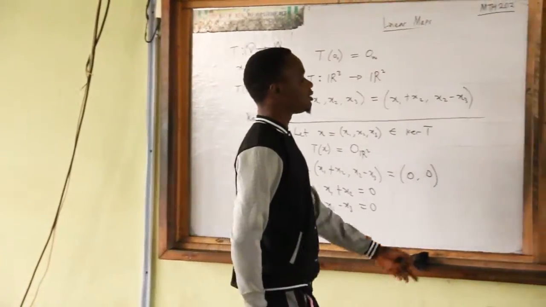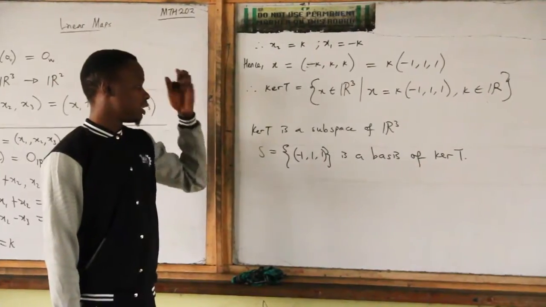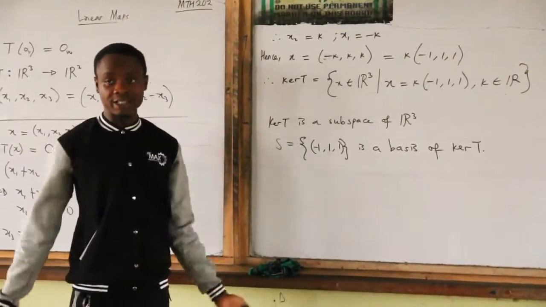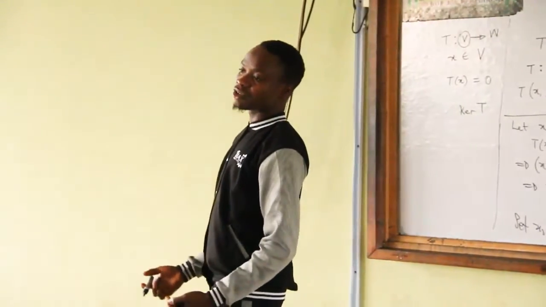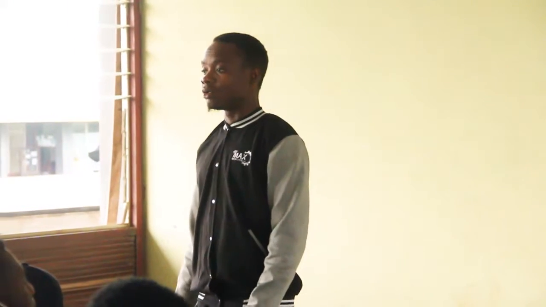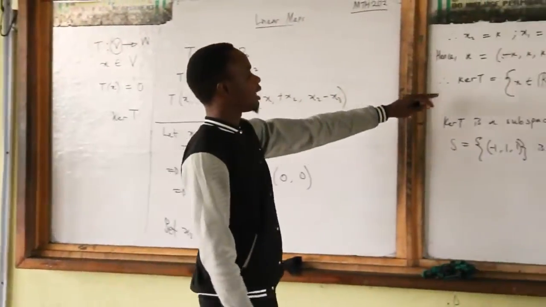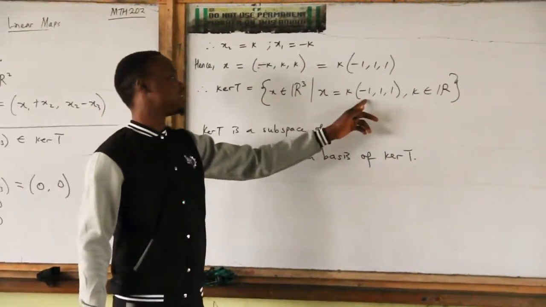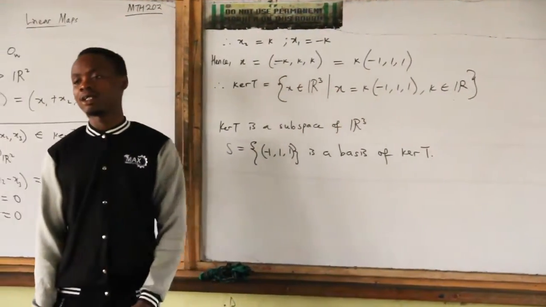So this is a basis of this vector space. It has only one element. It's still a set, because we have said a basis is a set of vectors that span the vector space. Is it making sense to you? So this set actually spans the vector space Ker T, because I can write every element in Ker T as a linear combination of this set. Okay?